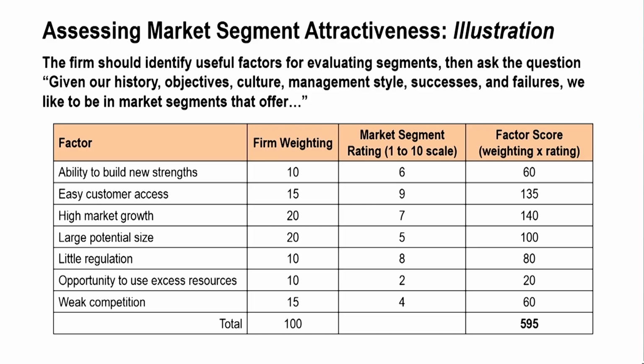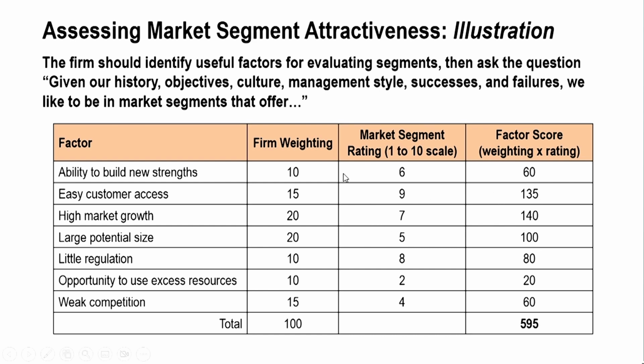Now, based on this, you can see we can multiply the weight of the firm's position with the market segment attractiveness, and you can easily see that this segment should attract high attention.